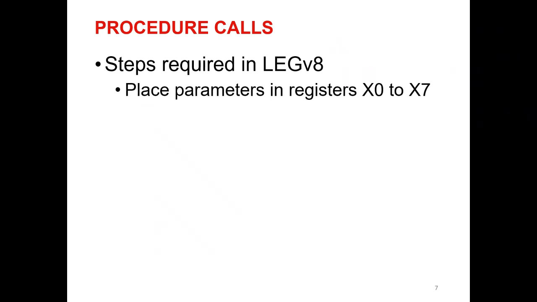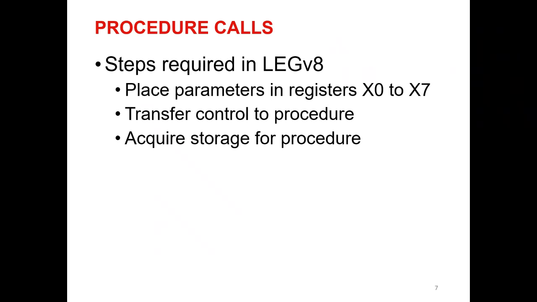So then, once we have placed the input parameters for the procedure in any of those registers, what do we need to do? We call the procedure. Following the example before, we call the swap procedure. Then, if we need extra space, we are going to see this later, we also need to manage that extra space for our procedure.